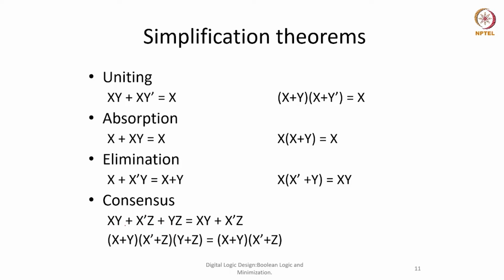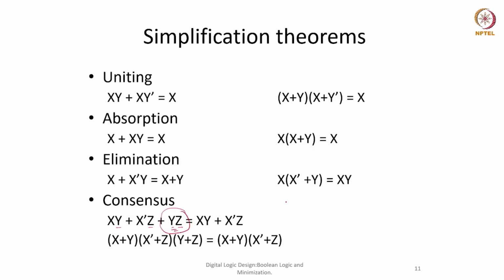Now you see that this y is here and this z is here, so you have a variable x with a multiplication factor, and another multiplication factor with the invert of this x, and they are doing an OR operation. So this part could be eliminated.